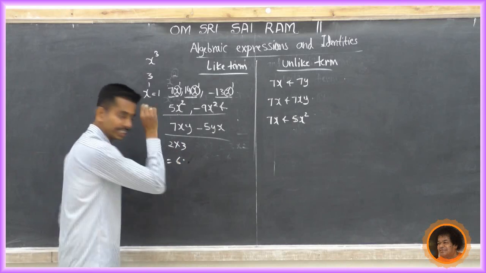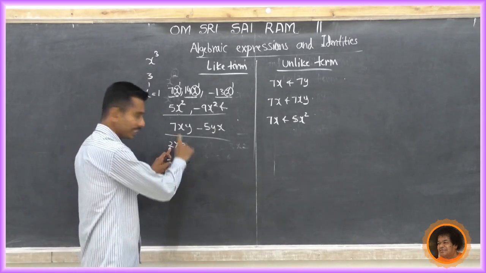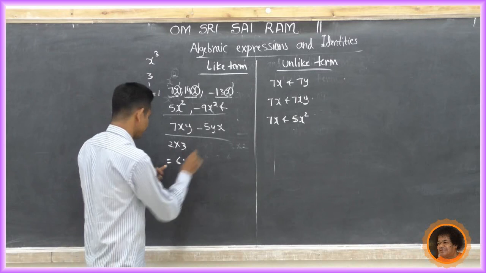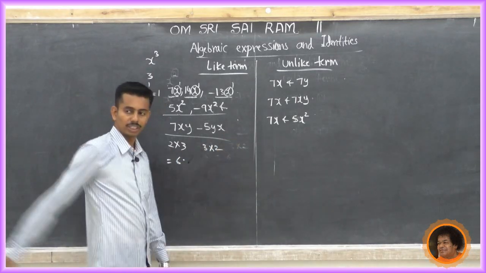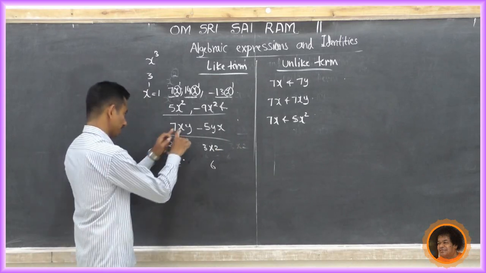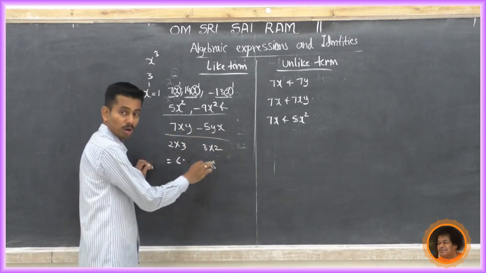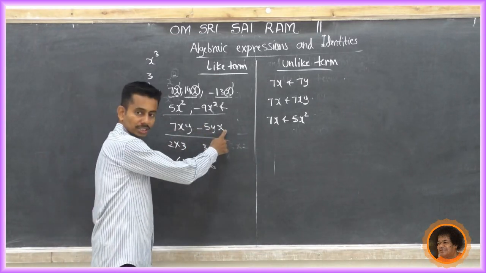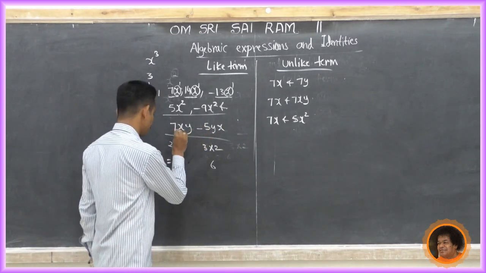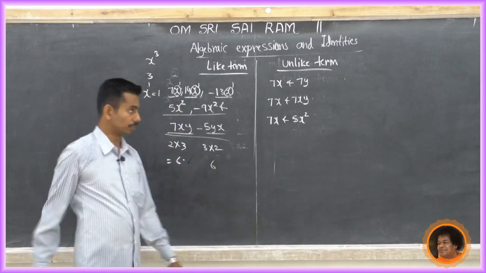It is 6. Now 3 into 2, what do we get? It is also 6. So x into y or y into x, the product is the same. Therefore xy and yx are the same, and it is also a like term.